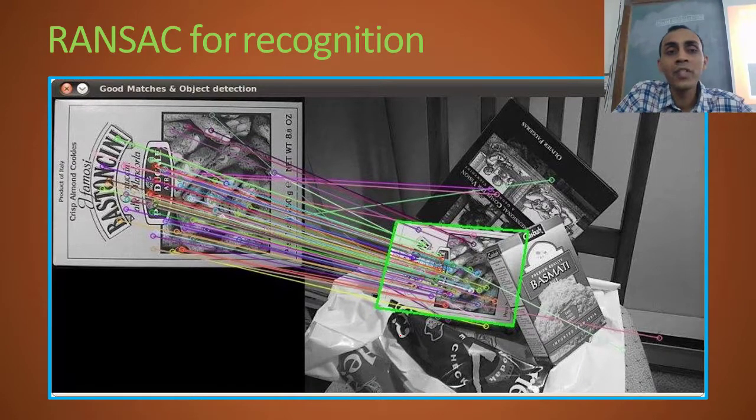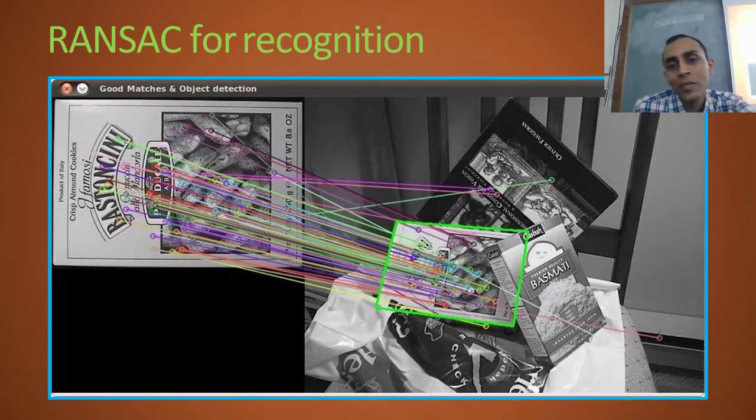So this is an example from the SIFT paper itself. These are the SIFT features which are detected. This was the test image, and this was the image in the database. They were trying to match this book. This is not a book, I think it is a packet of some cookies.